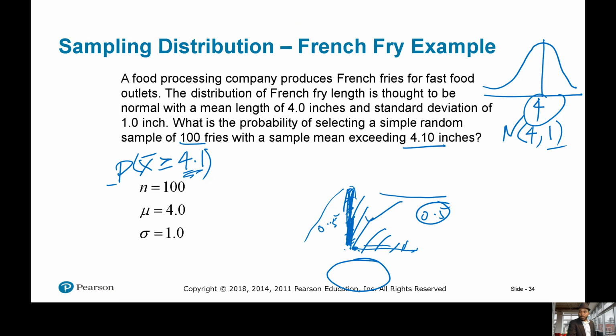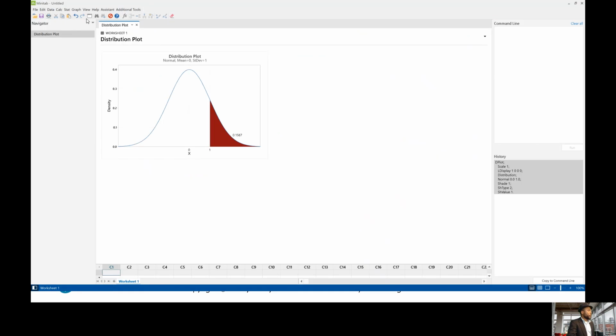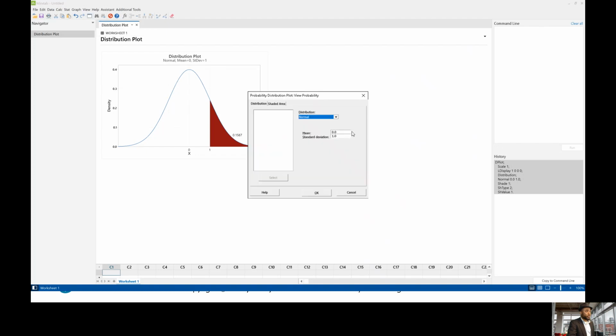So let's travel to Minitab again. In Minitab, let's bring back the last operations. You can type in Control E or just press this.